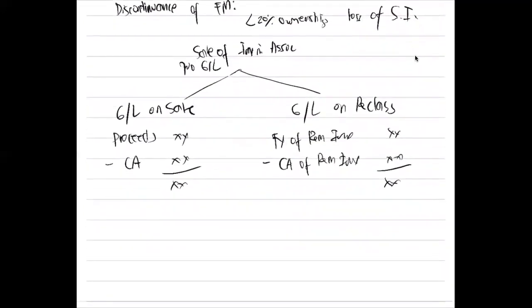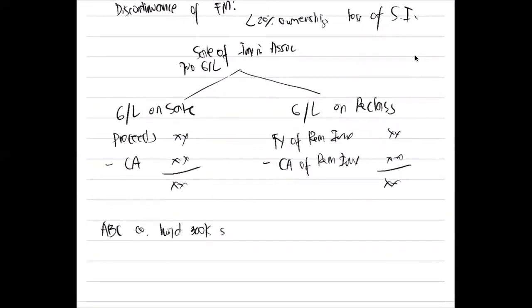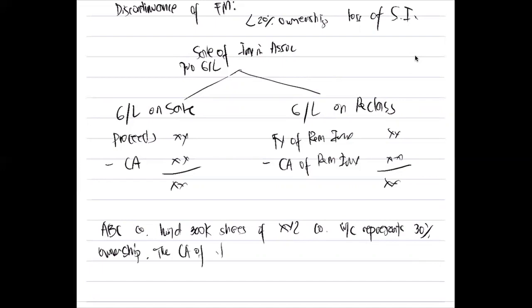Okay? So for example, ABC company holds 300,000 shares of XYZ company, which represents 30% ownership. The carrying amount of the investment is 35 million pesos.